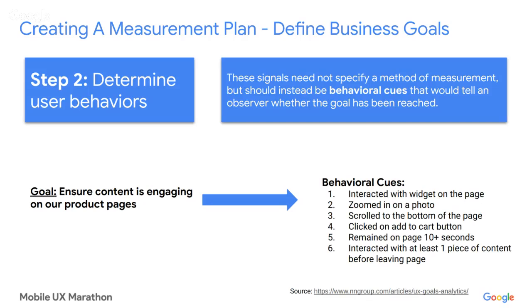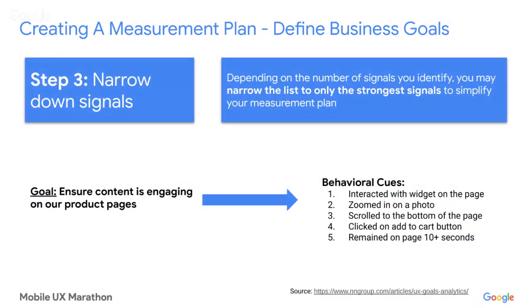These cues may include items like zoom in on photo, scroll to the bottom of the page, or if a user has remained on that page for 10 seconds. These are all indicators that content is engaging for our users. Now, remember, we have not yet paired a specific metric with these behavioral cues yet, and we will do so in the next few steps.